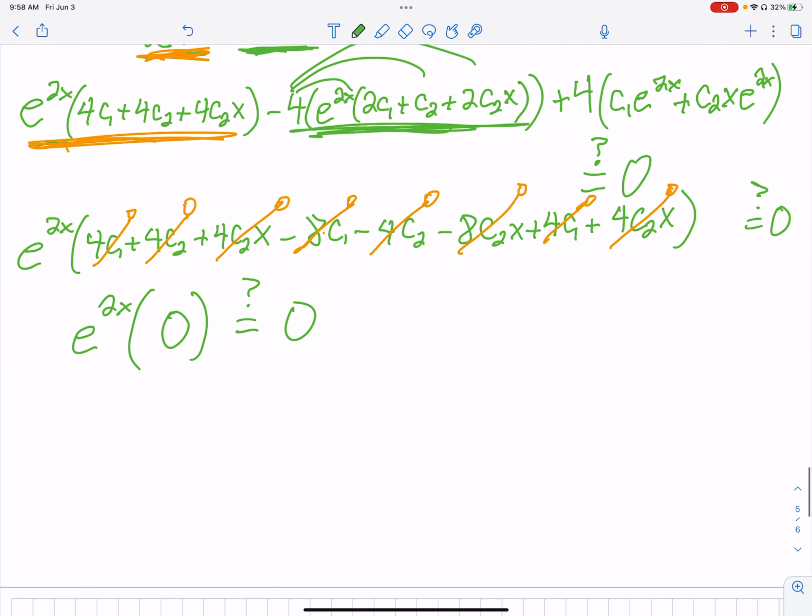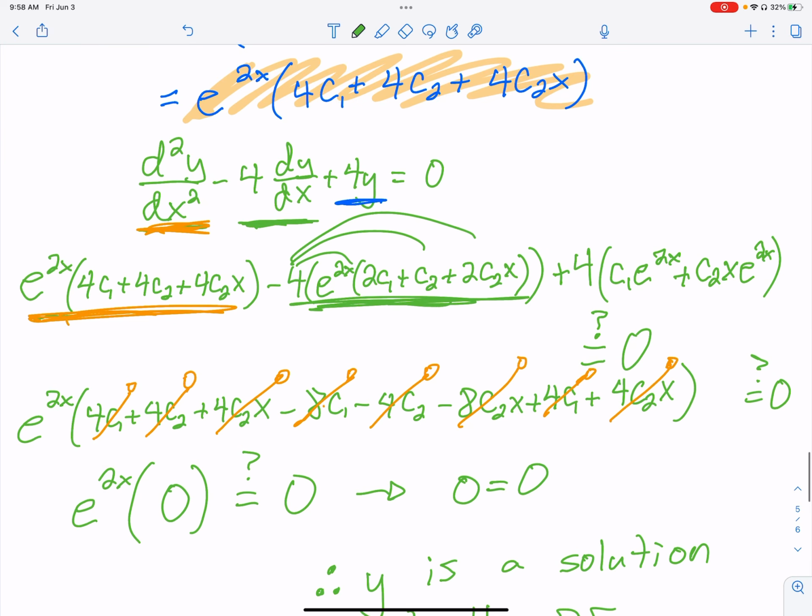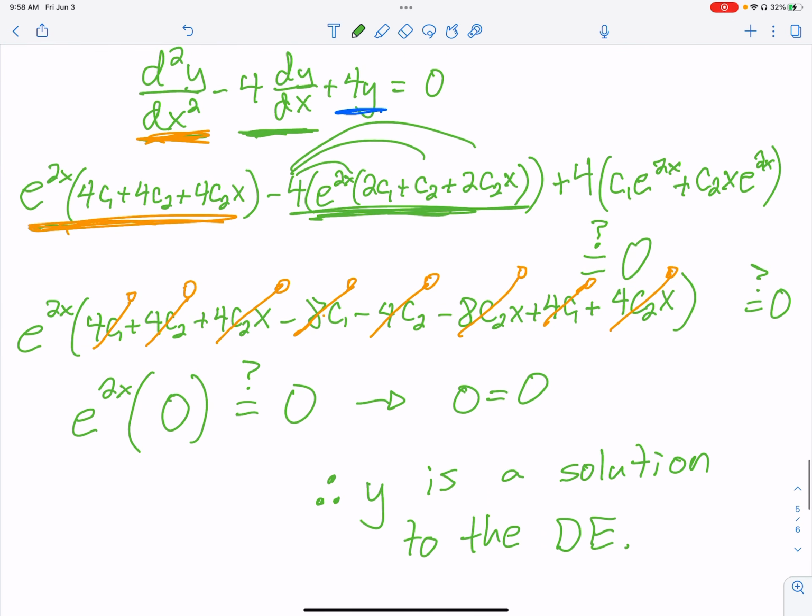It's kind of silly to put that, but this implies 0 equals 0. Therefore, y is a solution to the DE.